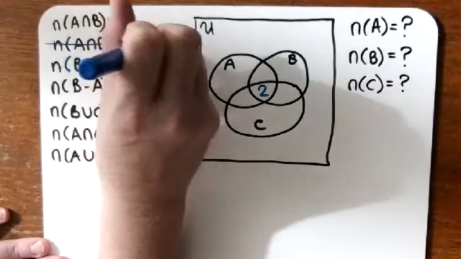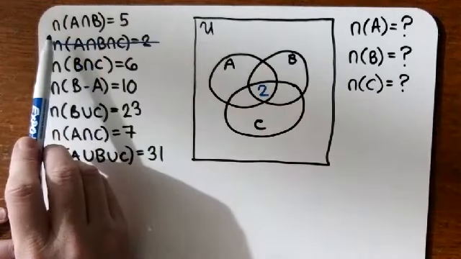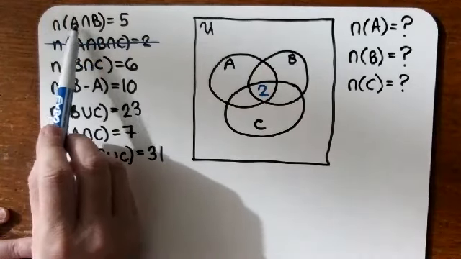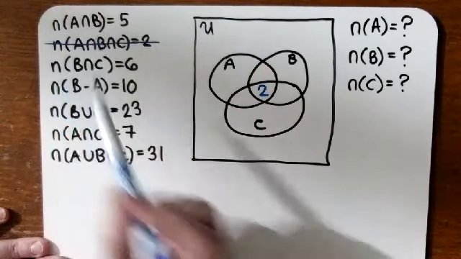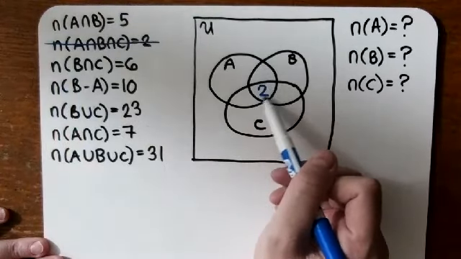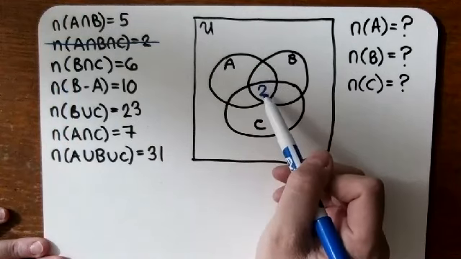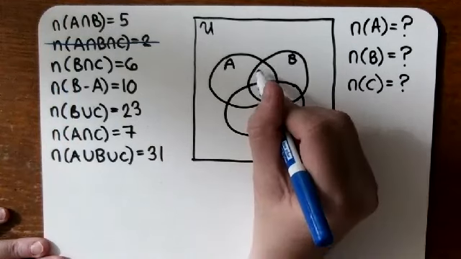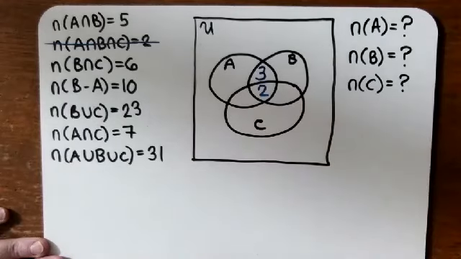Now we can move back up to the number of elements in the set A intersect B is 5, because again, A intersect B is the overlap of A and B, 2 of which are in this region, the other 3 here.